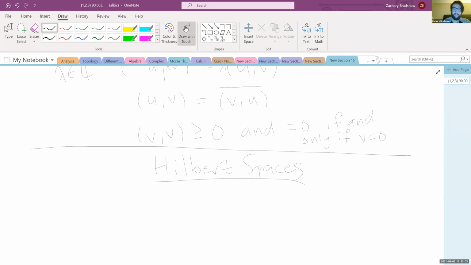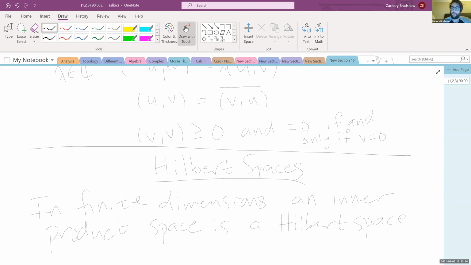So in finite dimensions, which is all we're going to deal with, an inner product space is a Hilbert space. When you move to infinite dimensions, you have to be a little more careful.